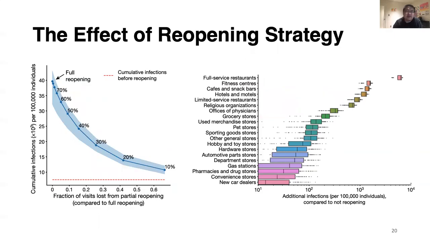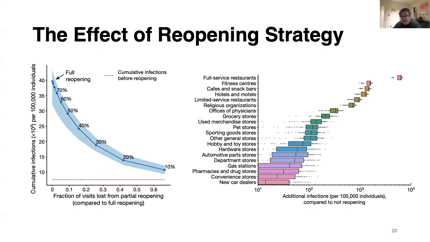They also examined the effect of different reopening strategies for the pandemic, based on the mobility network. The figure shows the cumulative number of predicted infections after 1 month of reopening plotted against the fraction of visits lost by partial instead of full reopening.